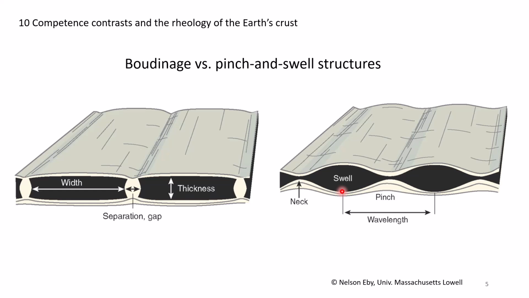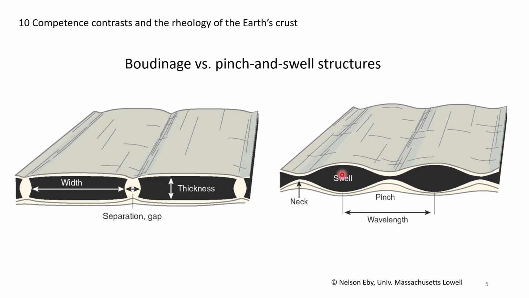The swell part of the pinch and swell structure is named in a slightly misleading way because what we see here is a thinning out that is less intense than in the pinched structure. Initially, the layer may well have been thicker than what we see.